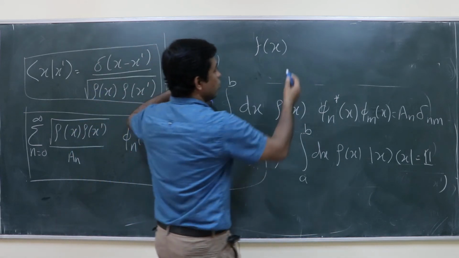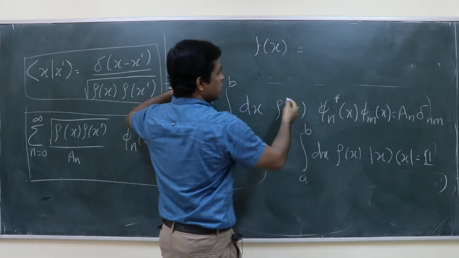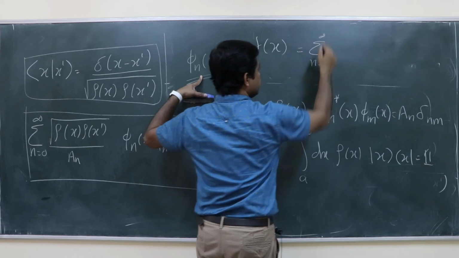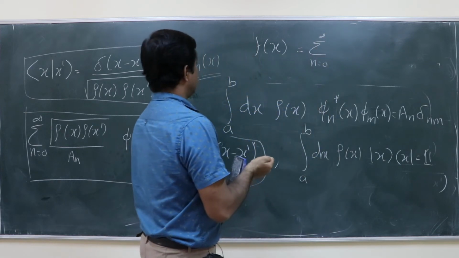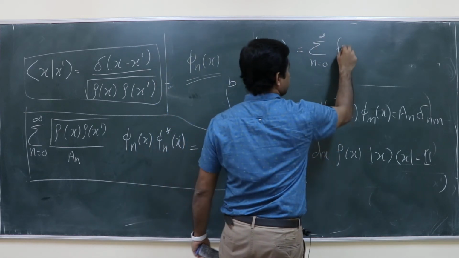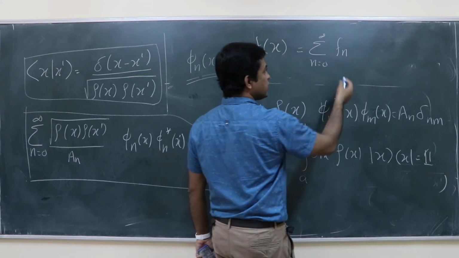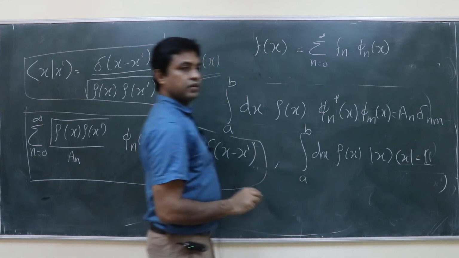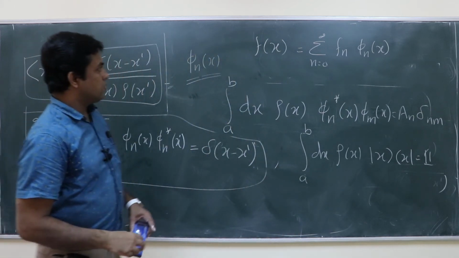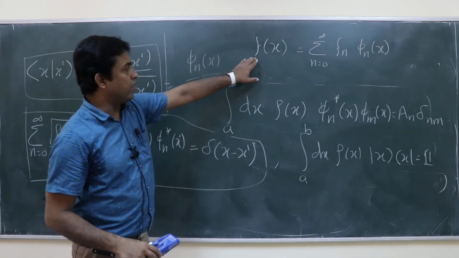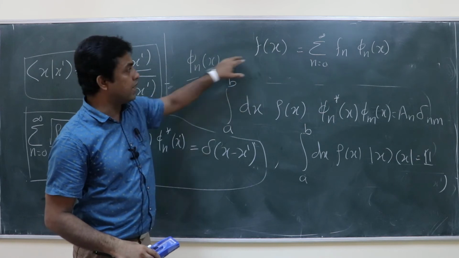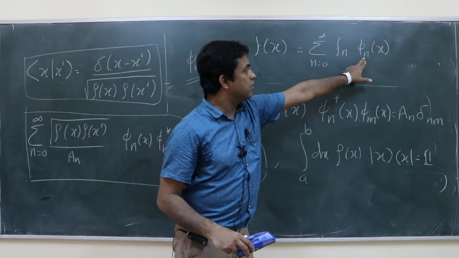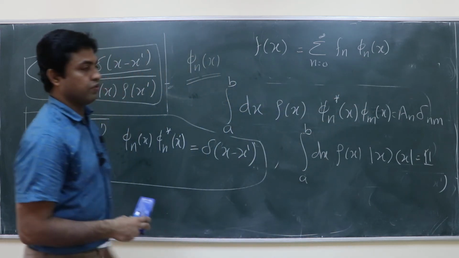So how do I write it down? f of x is equal to the summation from n equal to 0 to infinity of f n, some coefficient, times phi n of x. So any square integrable function in that space can be written in terms of the orthogonal polynomials phi n of x.